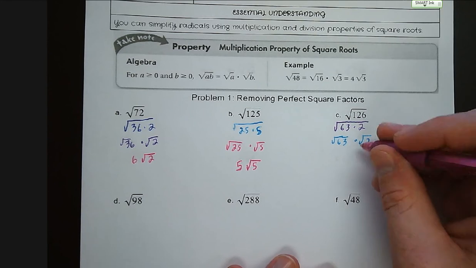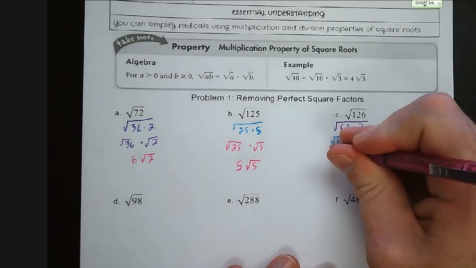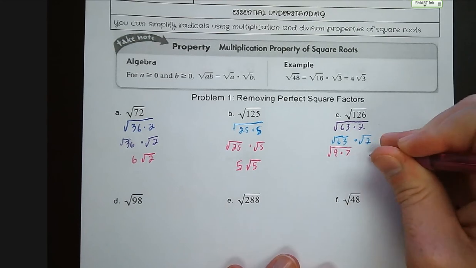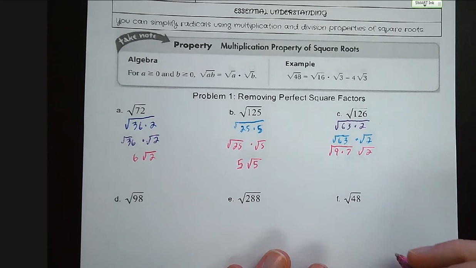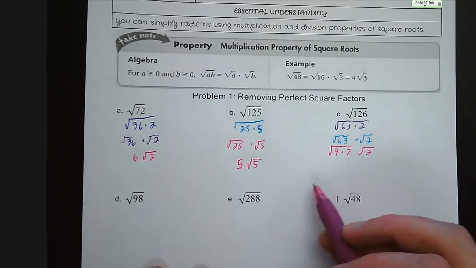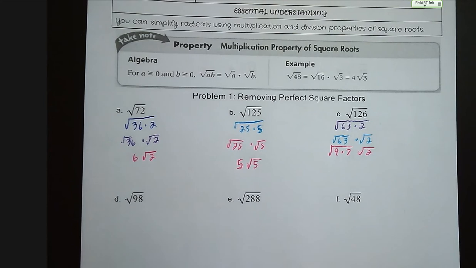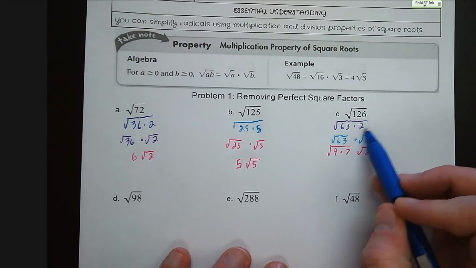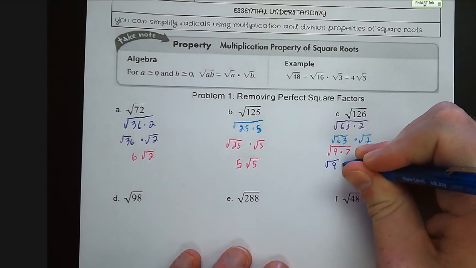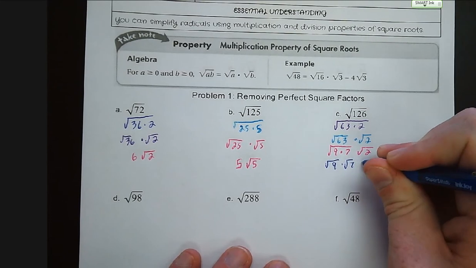Can't take the square root of 63, but we can split it into 9 and 7, and we still have the square root of 2. So this one we had to split multiple times, just because right away I didn't recognize that I could divide that by 9. But you can still get there in the end. So we have the square root of 9 times the square root of 7 times the square root of 2.